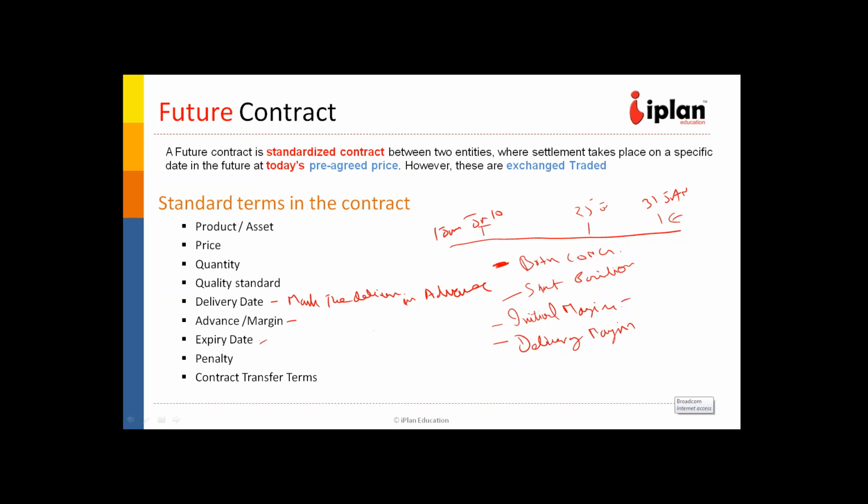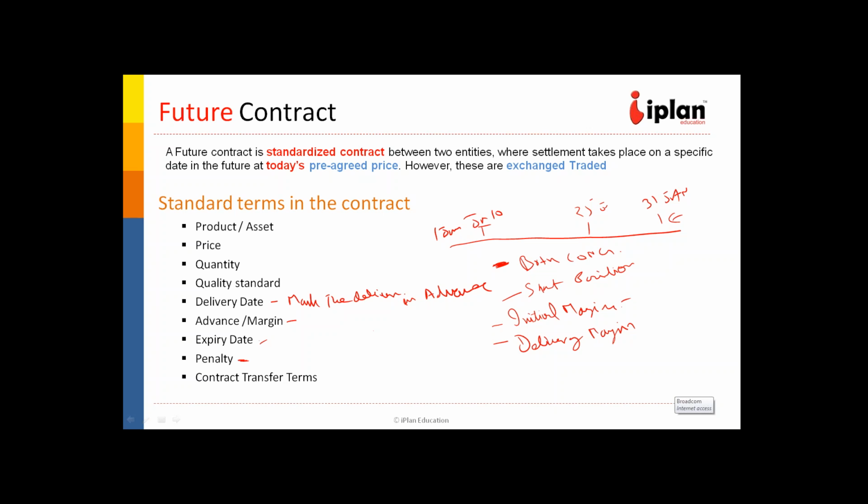I'll do a gross settlement and I'll deliver the gold to the warehouse of the exchange. So in that situation the seller will deliver. So either the buyer does not come to buy on time or the seller does not deliver on time. In both cases they have to pay a penalty.